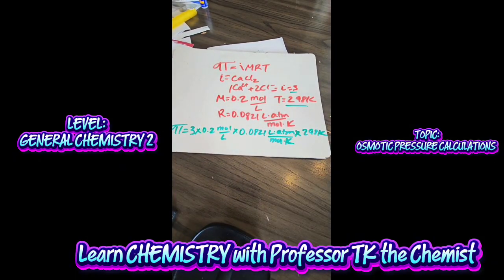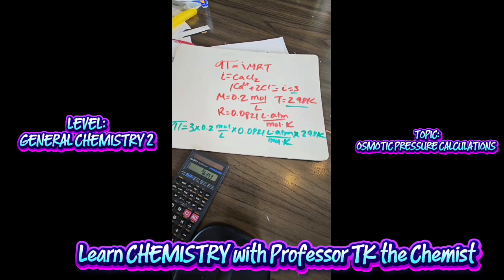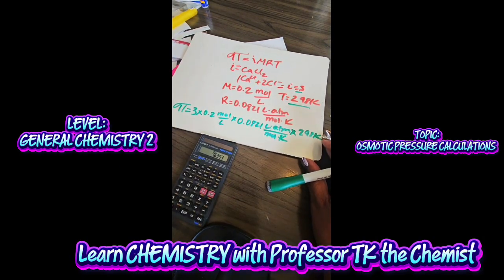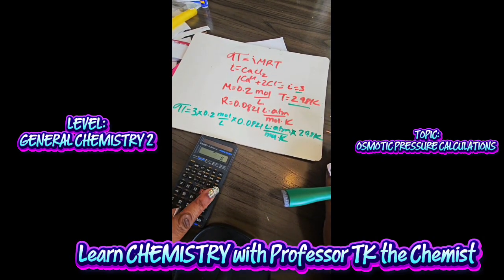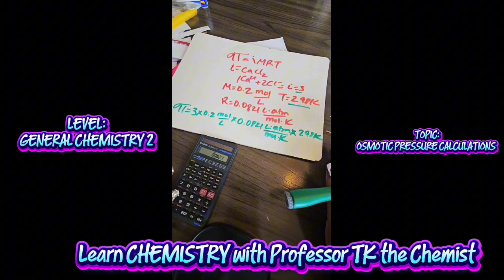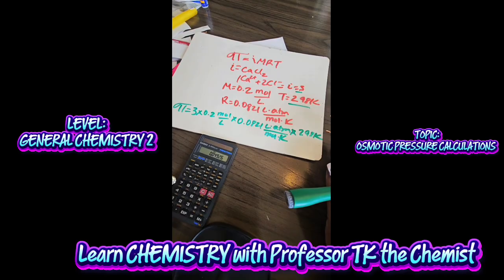Multiply all of these numbers. 3 times 0.2 times 0.0821 times 298.